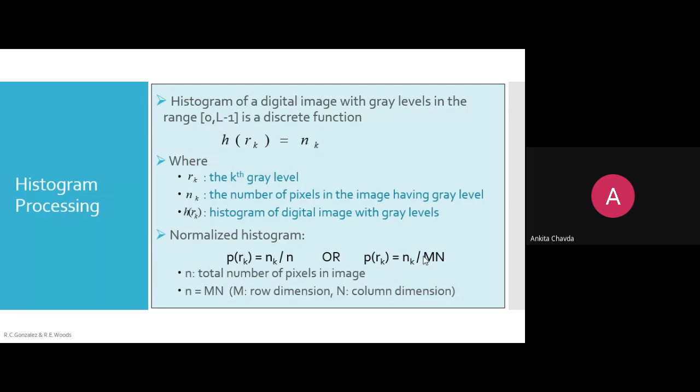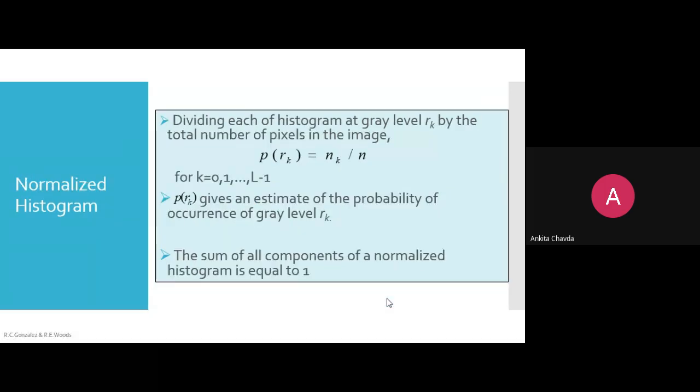Suppose 5 only, so 5 divided by 500 cross 500, right? This is how the normalizing is done. Here n or MN is the total number of pixels in the image, and n equals m times n, where m is the number of rows and n is the number of columns, right? How we do it, we will see.